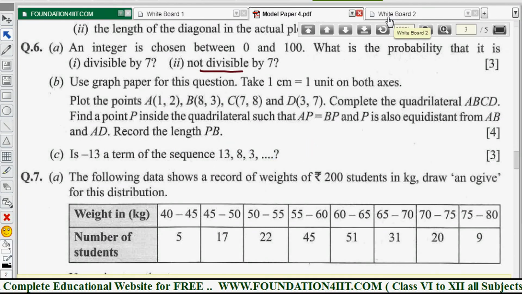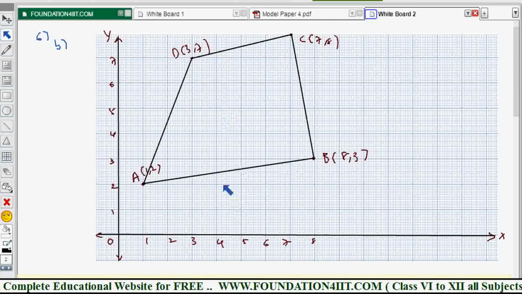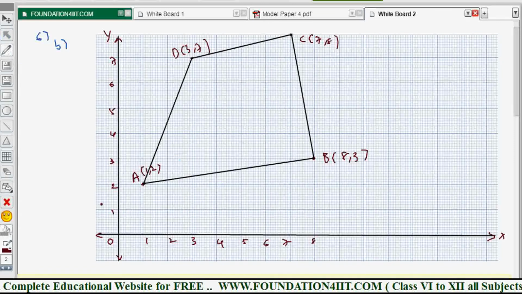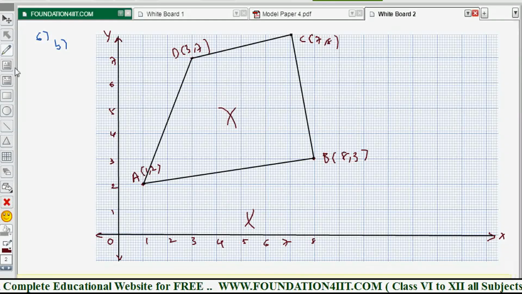So for both conditions to be satisfied, we need to bisect AB first. Side AB we should bisect. To bisect this, take more than half, draw the arcs, and from B also you can do the same and join. So side AB we should bisect. Then join that line.